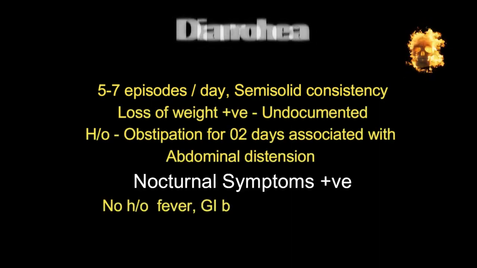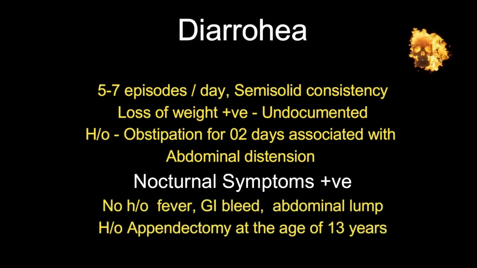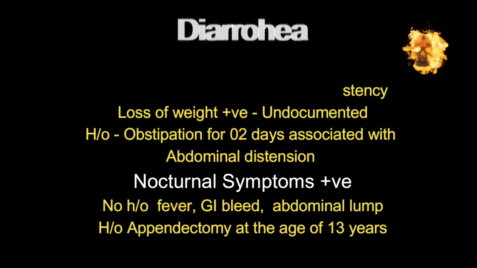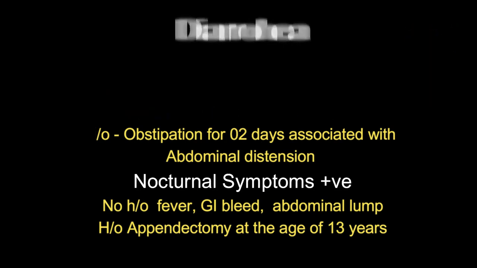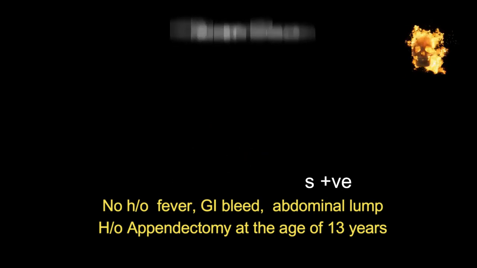There was a history of undocumented loss of weight, and he also gave a history of obstipation for the last 2 days before presenting to the hospital, along with abdominal distension. He also gave a history of nocturnal symptoms, that the symptoms used to get aggravated during the night. There is no history of fever, any GI bleed, or lump abdomen. There was a history of appendectomy at the age of 13 years.